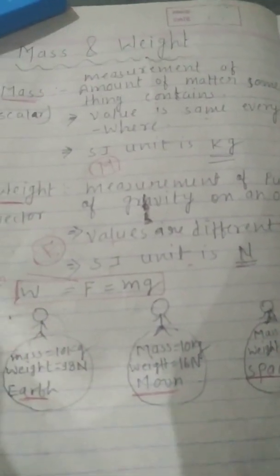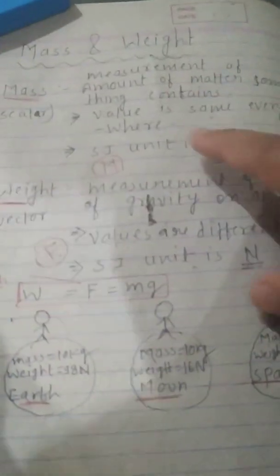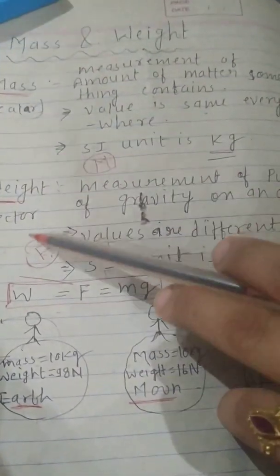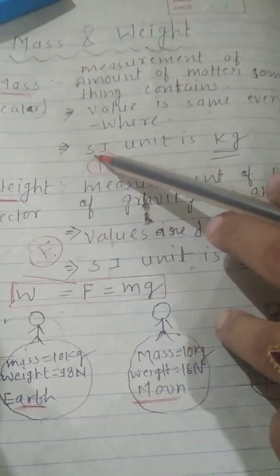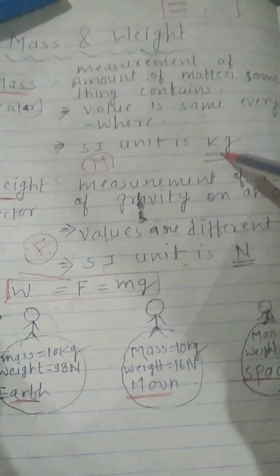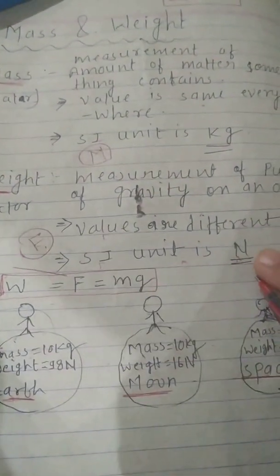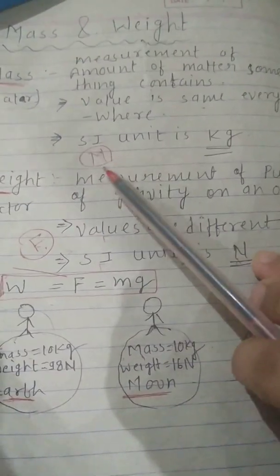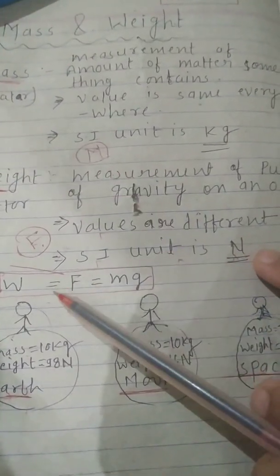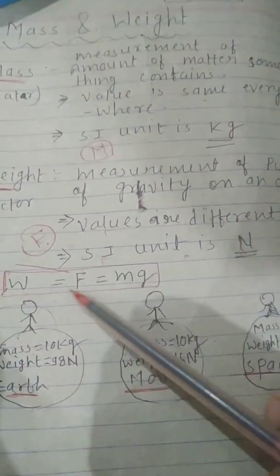That force is the weight. Mass is a scalar quantity, weight is a vector quantity. The SI unit of mass is kilogram, the SI unit of weight is Newton. Mass is denoted by m and weight is denoted by F.